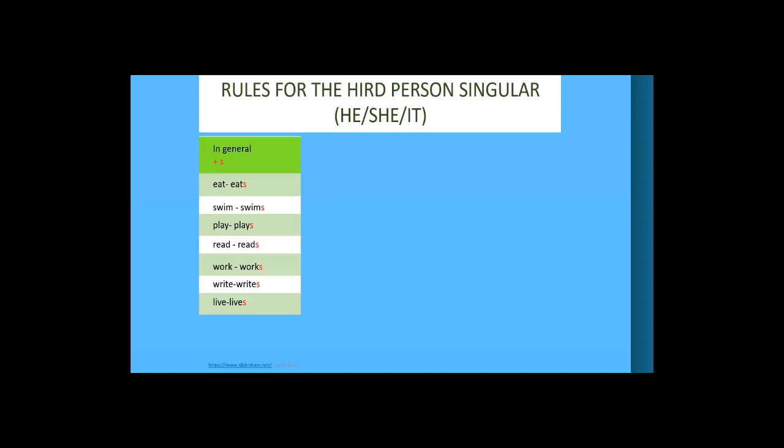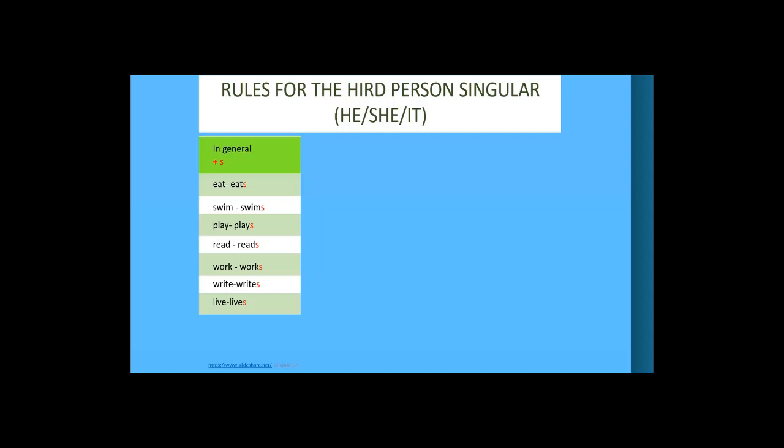Okay, so in this case we don't need to remove the Y as we did in the third rule. We just add an S. Okay, and I've seen many students make this mistake where they get confused with the rule, where they see a verb ending with a Y and they think that they need to then remove the Y, add an I and ES. Okay, but that's not the case, because before the Y it's not a consonant, it's a vowel. So the Y stays and we just add an S at the end.